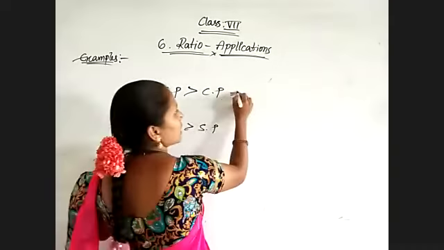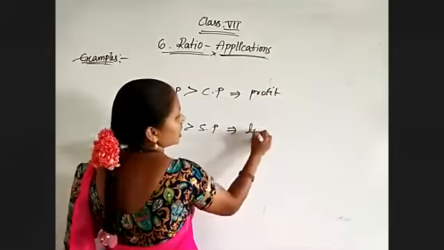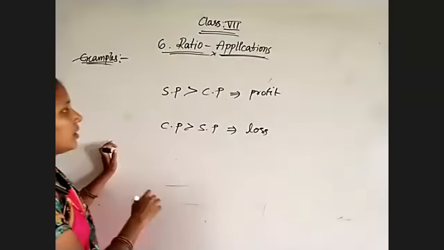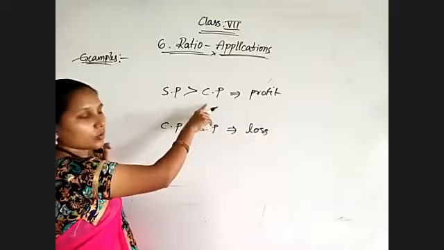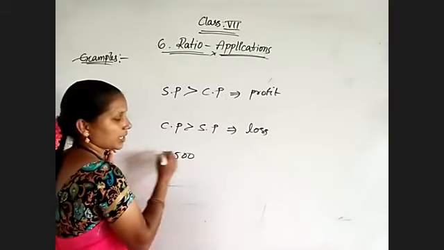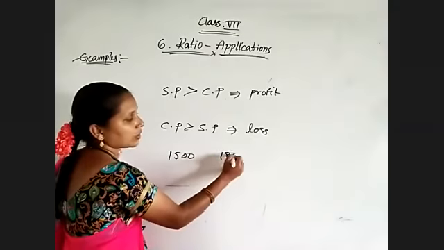In this condition, we are getting profit, and here we are getting loss. Selling amount is more than buying amount. You bought an item for 1500 rupees and you sold it for 1800 rupees.